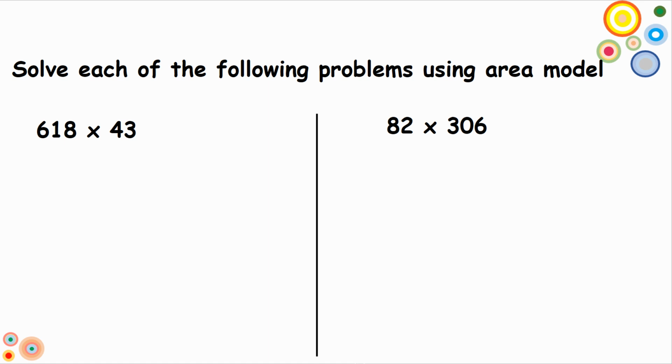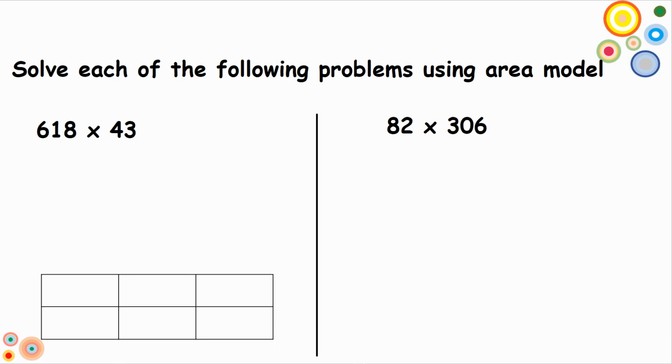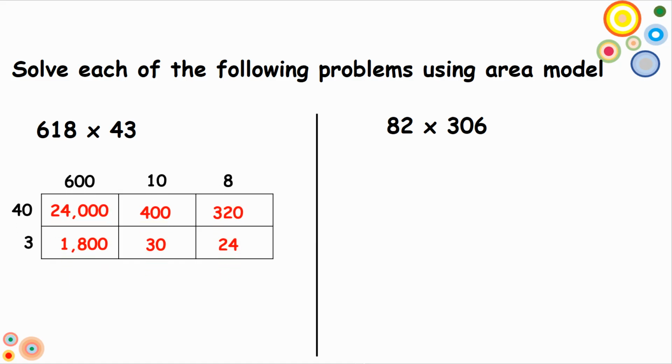Okay, 43, it will be 40 and 3. Okay, draw an area model and write each value of each digit. Okay, 600, 10 and 8, 40 and 3.